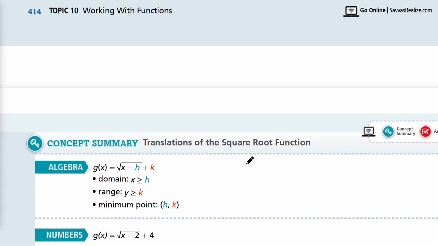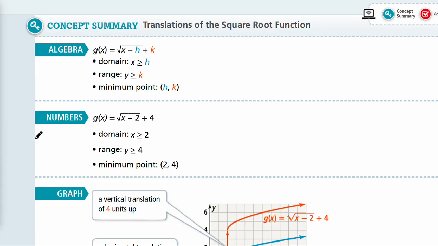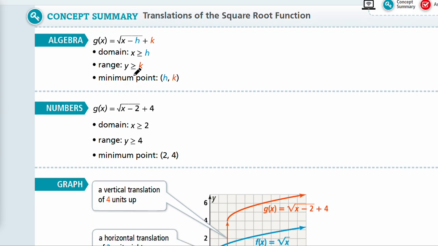So let's wrap up our lesson. 10-1 was all about translations of the square root function. The algebra will look like this, where you have the square root of x minus h, plus k. If x is subtracted by h in the square root, that is your domain change.